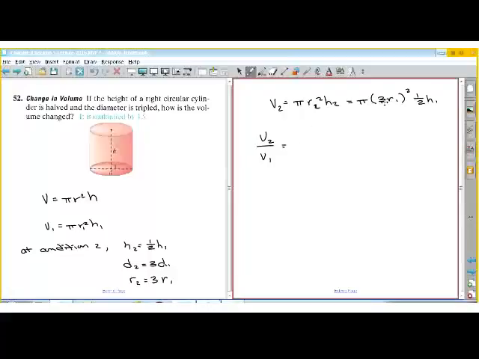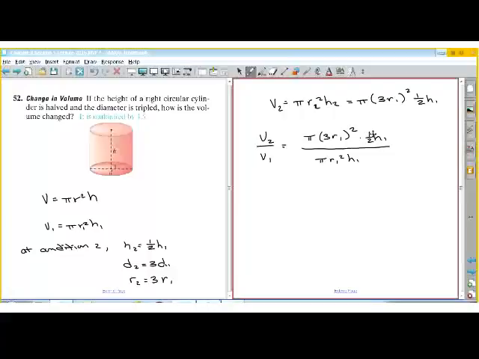I write the new volume in terms of the original dimensions: pi times 3r1 squared times 1/2 h1. That's the volume after the changes, and I divide by the volume with the original values.